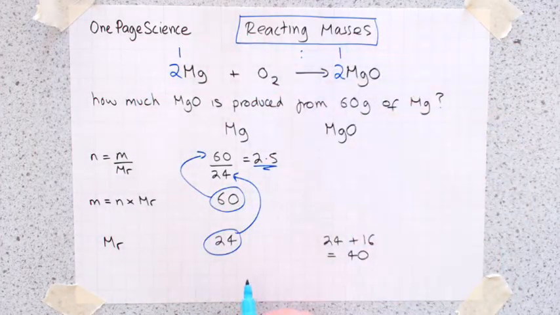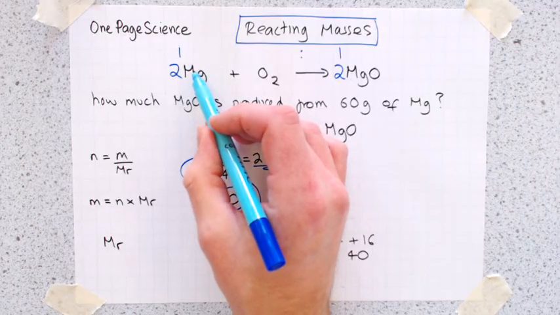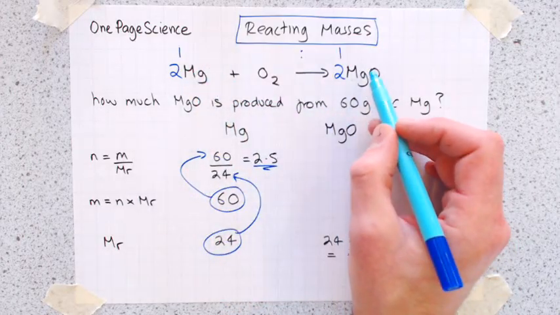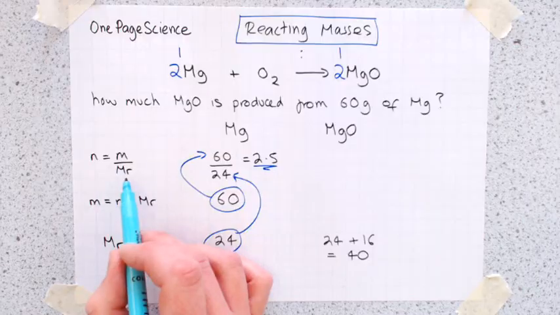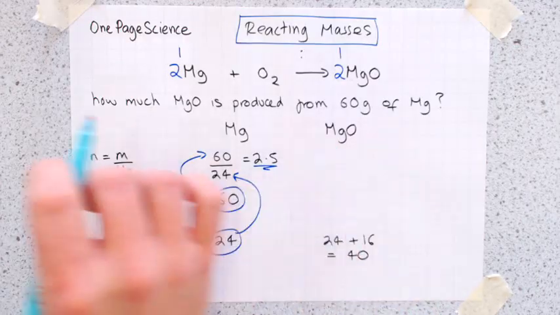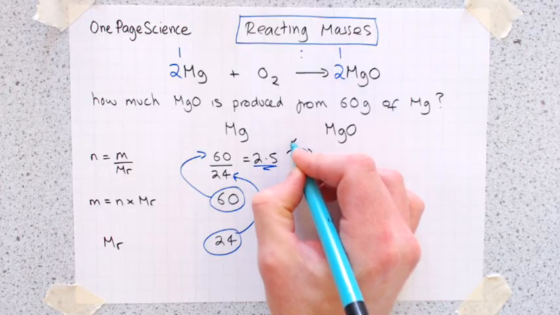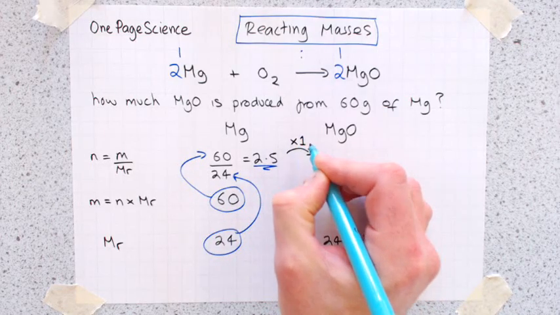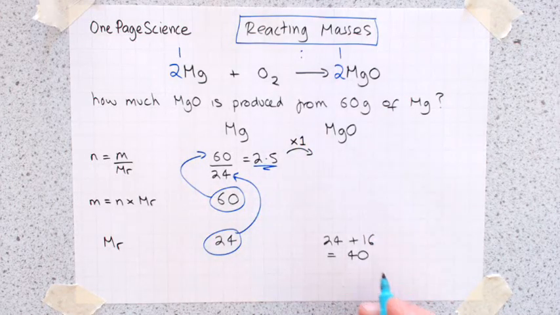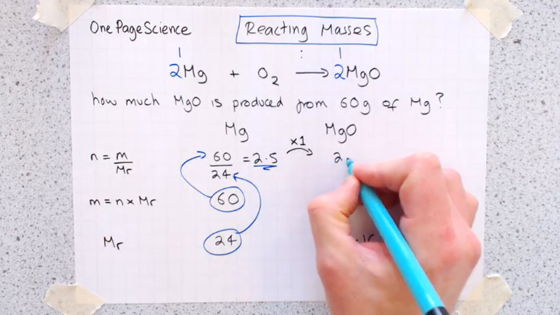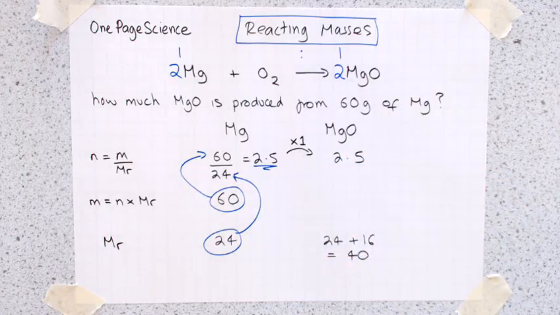For every 1 particle of magnesium, I make 1 particle of magnesium oxide. So to get from the moles of magnesium to the moles of magnesium oxide, I'm multiplying by 1. You don't have to write that; you can just write it over. So the number of moles of magnesium oxide is 2.5.